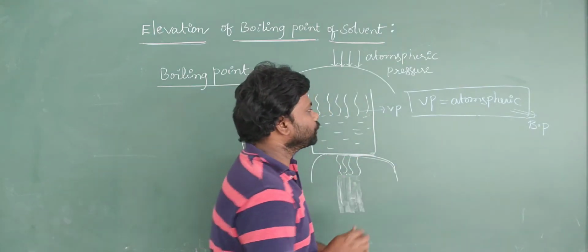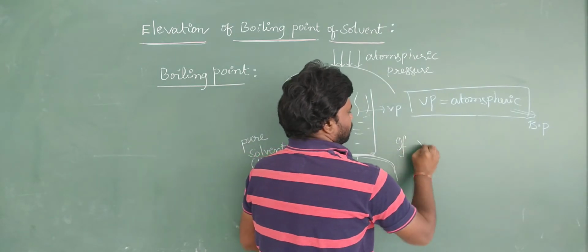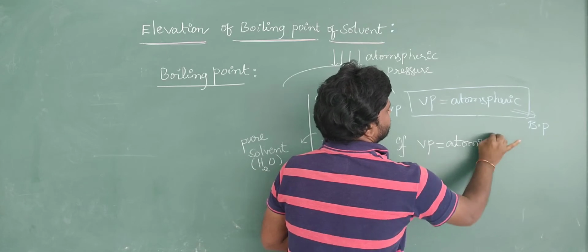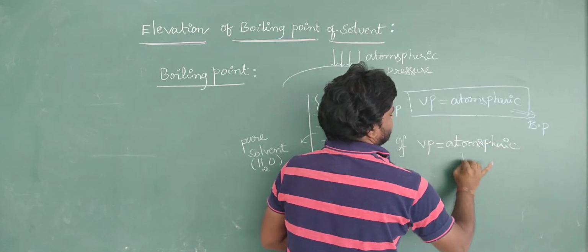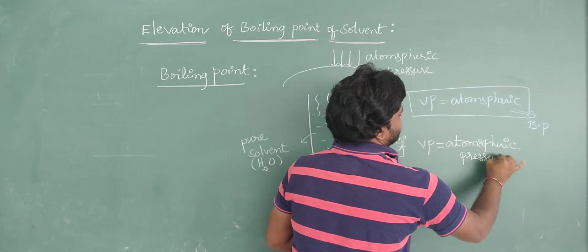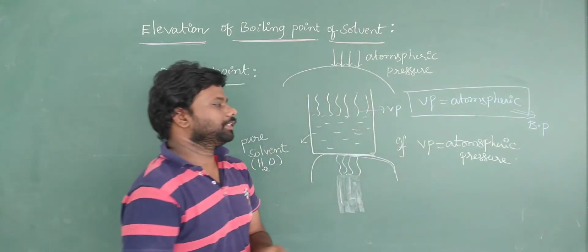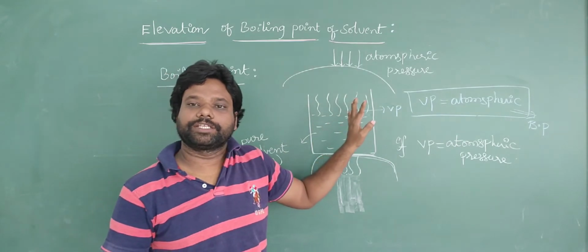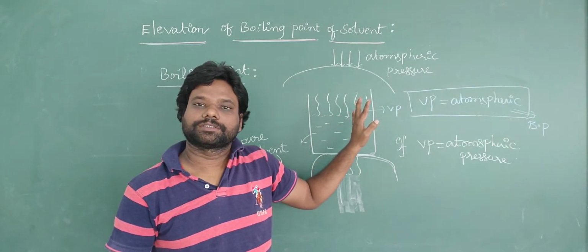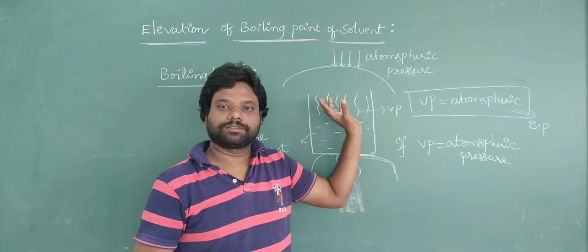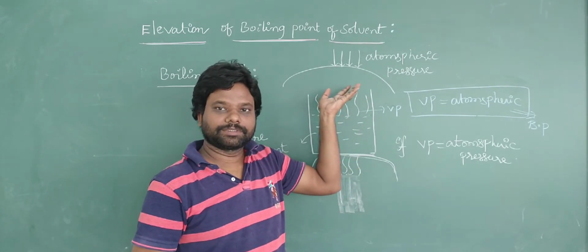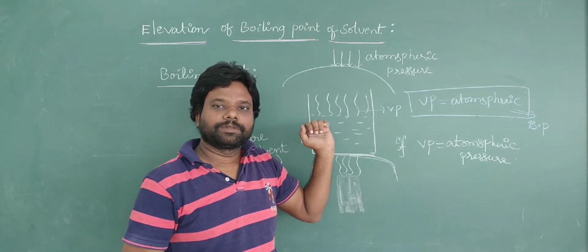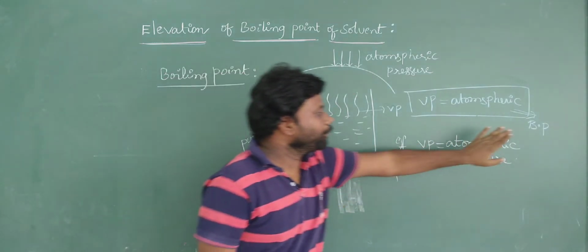If vapor pressure is equal to atmospheric pressure, the whole of the liquid starts bubbling and moves up. Look here. What is the boiling point?